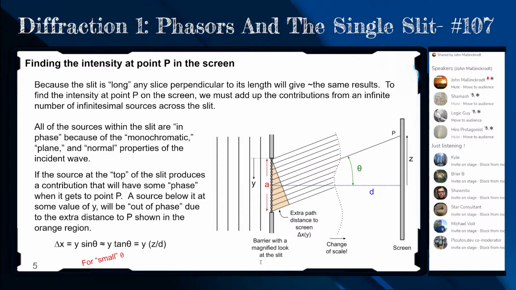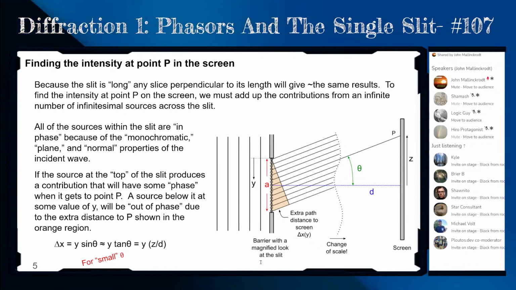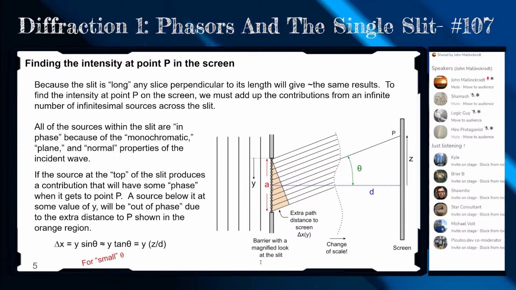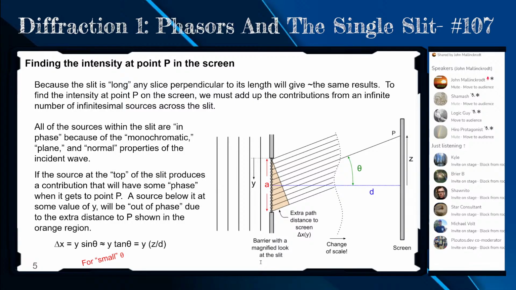Notice that I've got a little dotted line there where I say change of scale. To the left of that, I'm looking with a microscope at the slit itself. And all of those lines going up at an angle are heading for point P. But it's so far to point P that they look parallel. And it's important for me to be able to treat them as essentially parallel.